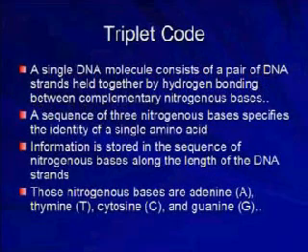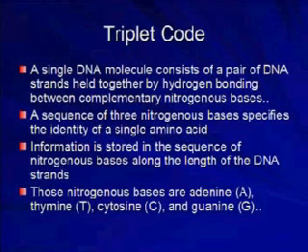The triplet code: a single DNA molecule consists of a pair of DNA strands held together by hydrogen bonding between complementary nitrogenous bases. A sequence of 3 nitrogenous bases specifies the identity of a single amino acid. Information is stored in a sequence of nitrogenous bases along the length of the DNA strand. Those nitrogenous bases are adenine, thymine, cytosine, and guanine.